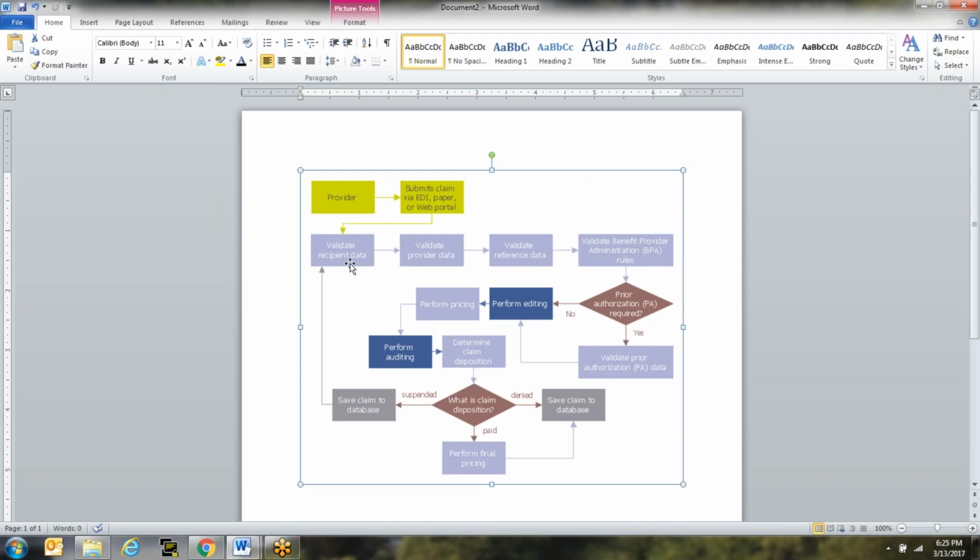So the first step they'll be doing is they'll validate the recipient data. What does that mean? The first step is to validate, should we be receiving this data or not? Is this data meant for us?